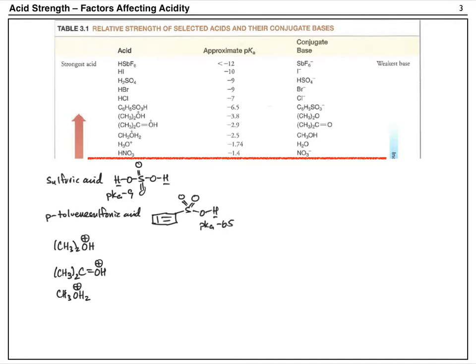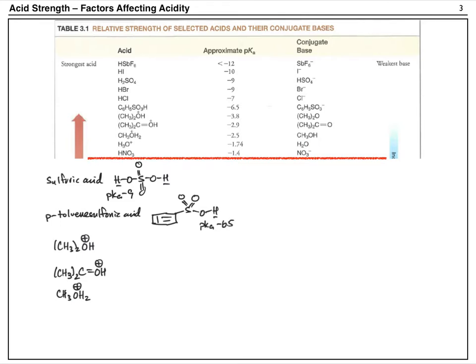Notice they're all bearing this positive charge on oxygen. They're coming from a parent functional group, which you can see in the conjugate base. So this is an ether, this is a ketone, and this is an alcohol.